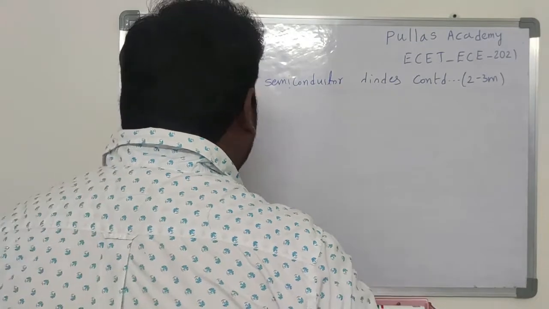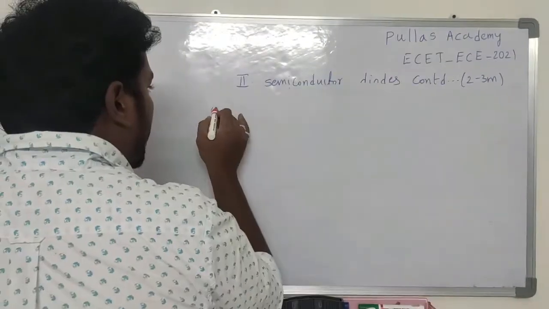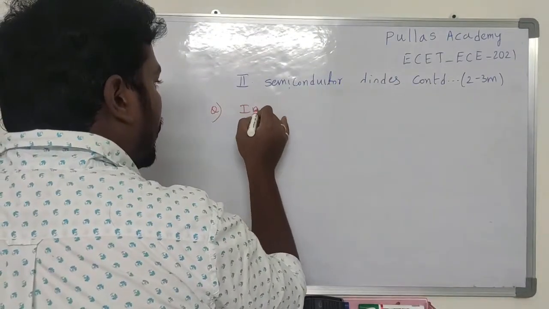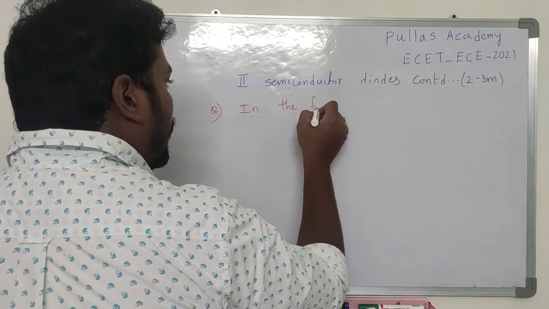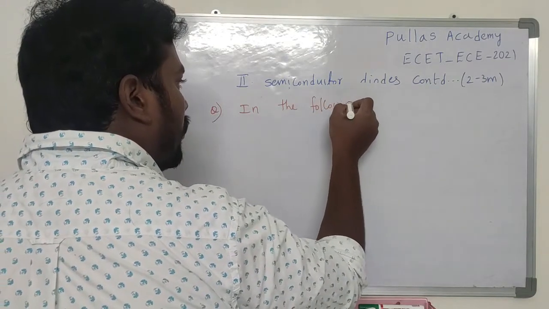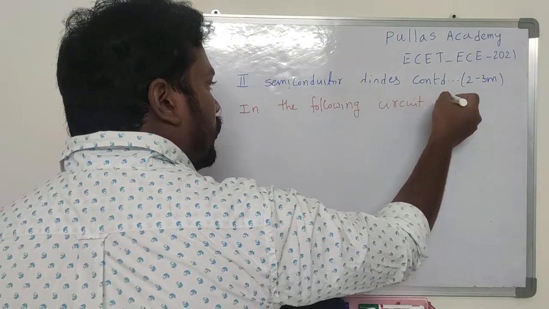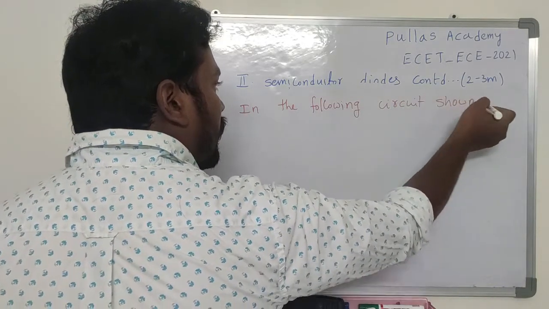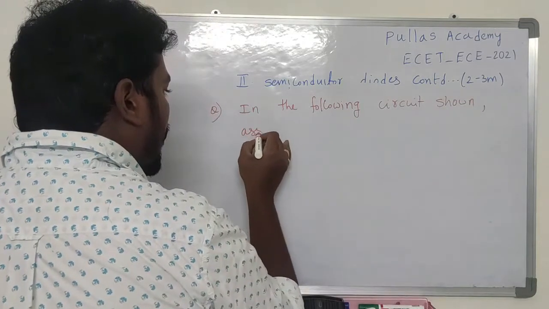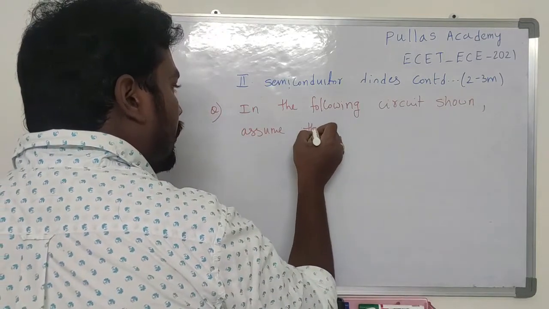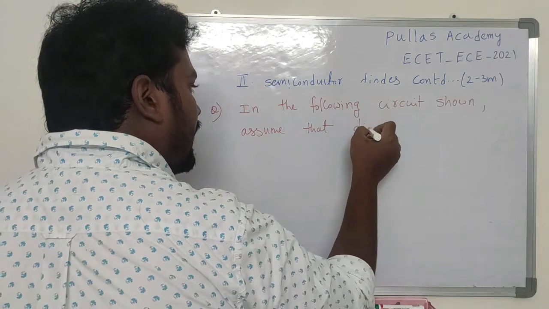So let me take up a question for you. The following circuit shown, assume that the diode is ideal.